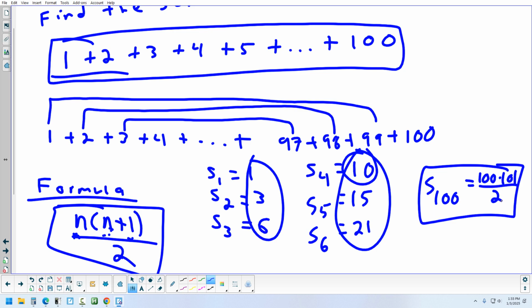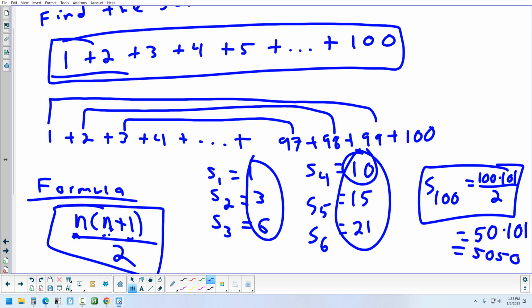Well, we can simplify that a little bit. What's 100 divided by 2? So that's 50 times 101. Whatever that comes out to, that's what the first 100 numbers would add up to, and we don't have to do that out by hand. I think that comes out to 5,050.